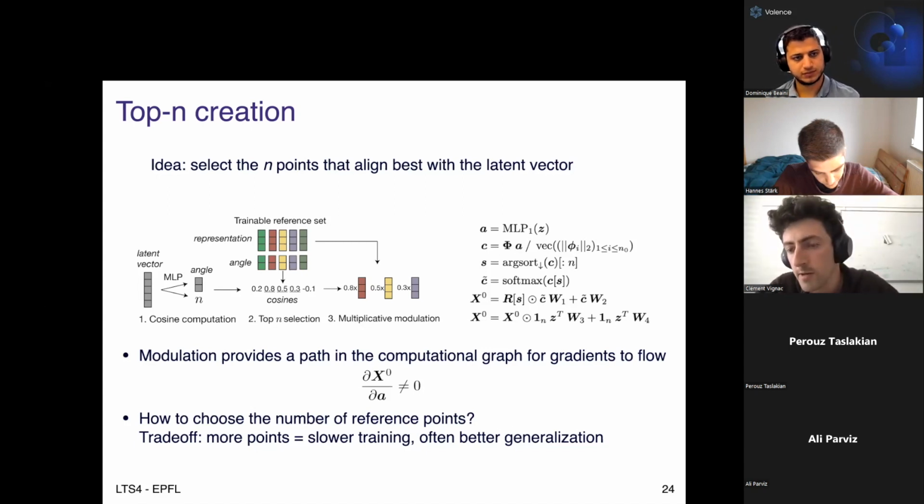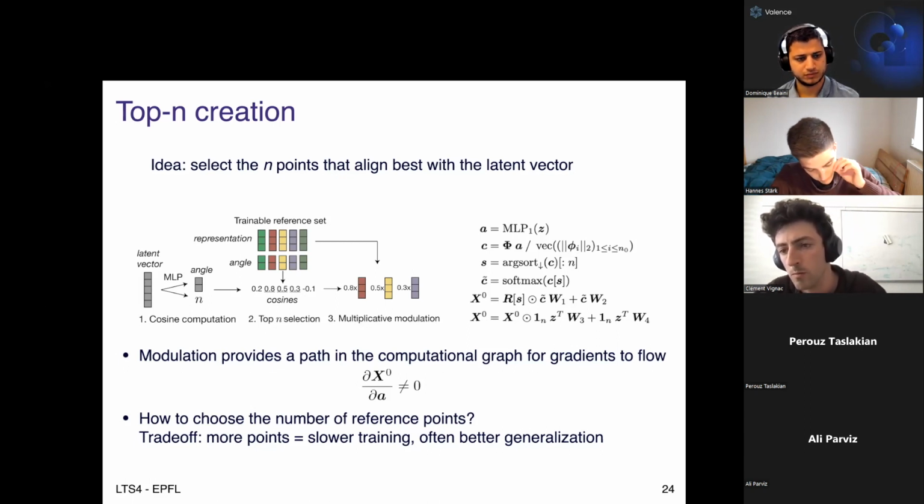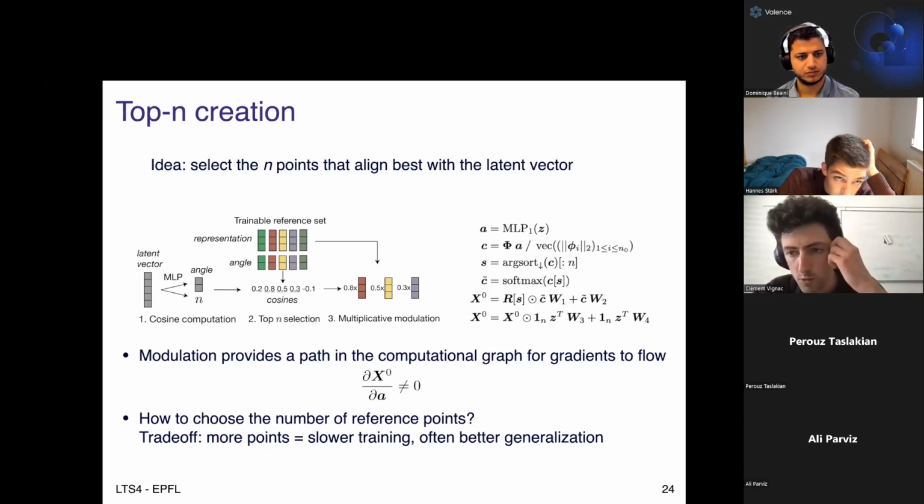If you have a latent vector, it is going to contain only global information about the graph, right? Because you don't keep track of... if you had a latent set, it would be different. One point in your latent set could keep track of one atom in your initial molecule.